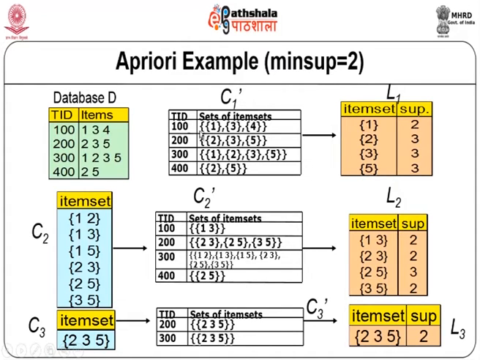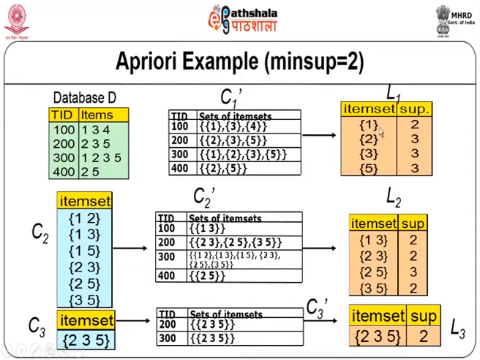First it scans record 100. From record 100, it identifies 3 unique items 1, 3 and 4. Then when it scans the second record, the algorithm will identify 2 and 5 as unique items, since 3 has already occurred in transaction 100. Similarly, transactions 300 and 400 will be scanned. After scanning all these records, the set of unique items will be generated.